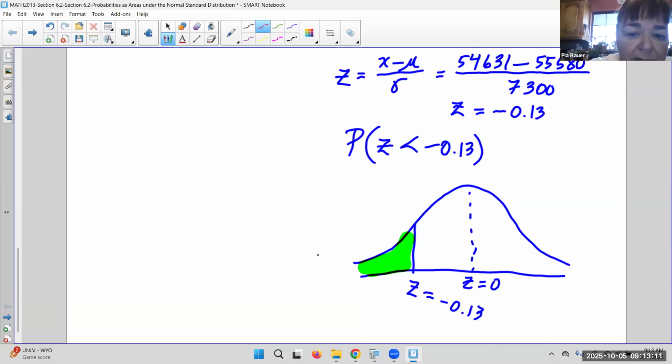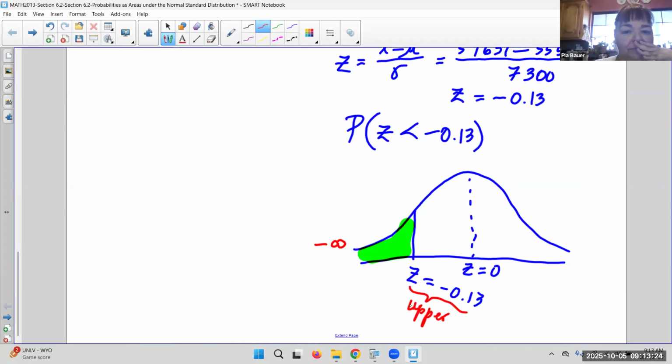So my lower limit is negative infinity, and this is my upper limit. But instead of using negative infinity, I prefer putting a negative with 6 nines, just a very, very small number there.